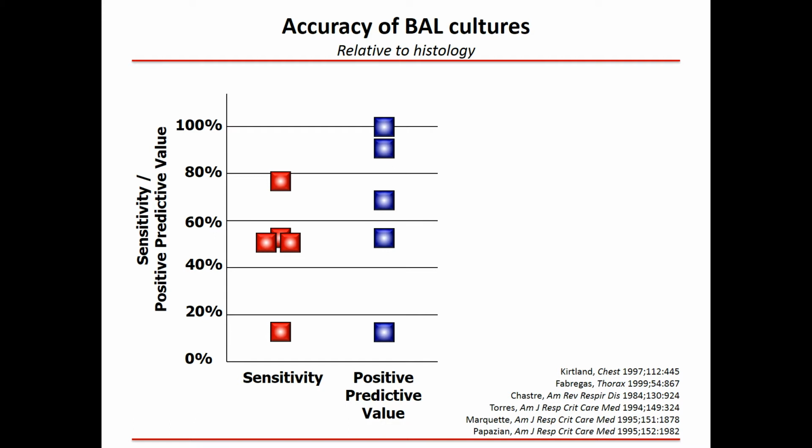Why is that? Well, you get the false positive diagnoses from contamination of your specimen from organisms inside the oropharynx or organisms colonizing the endotracheal tube. You get your false negatives either from prior exposure to antibiotics, which as you know is incredibly common in an ICU population, or from failure to sample the exact right segment of lung where the pneumonia might lie.